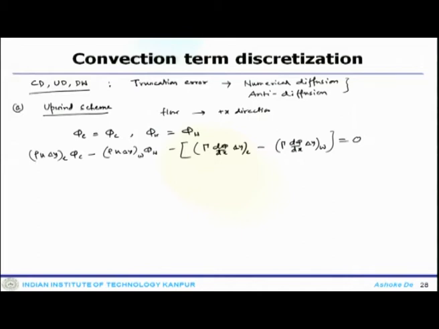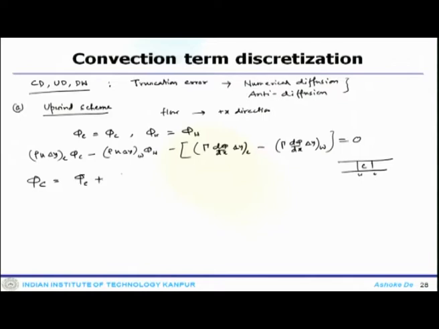Now, we go back to our standard Taylor series expansion, and use it to calculate the flux values. So, we start with the cell and use the values at the faces.